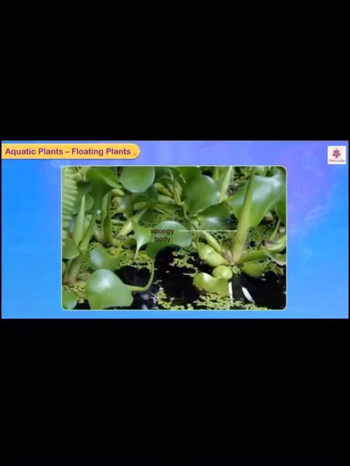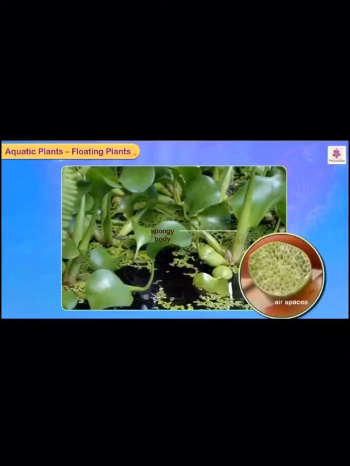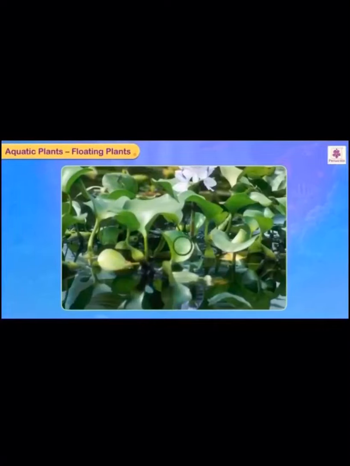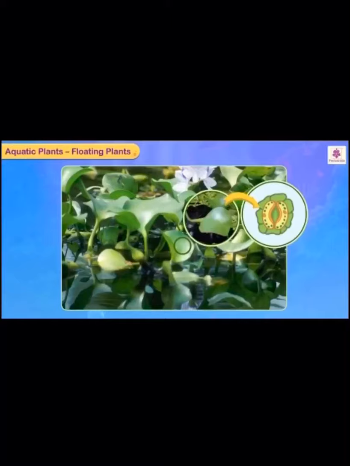They have spongy bodies with air spaces in the stem and other parts of the plant which help them float on water. Their roots hang freely in water. They have stomata on the surface of their leaves.